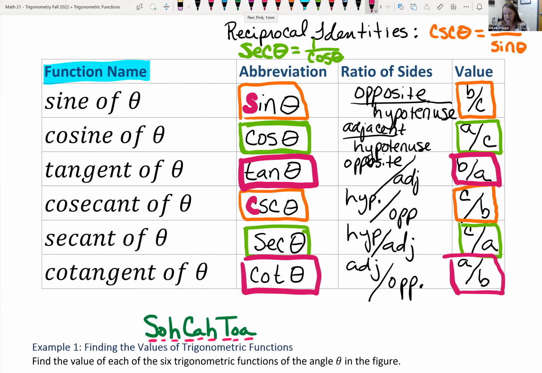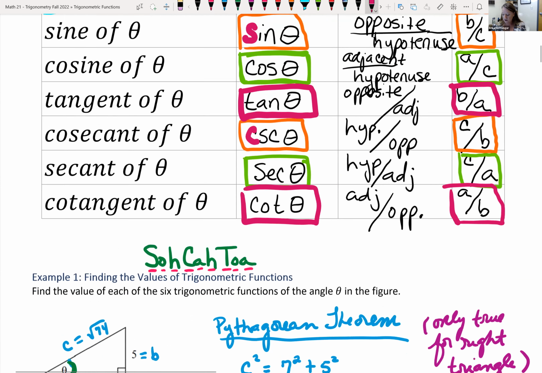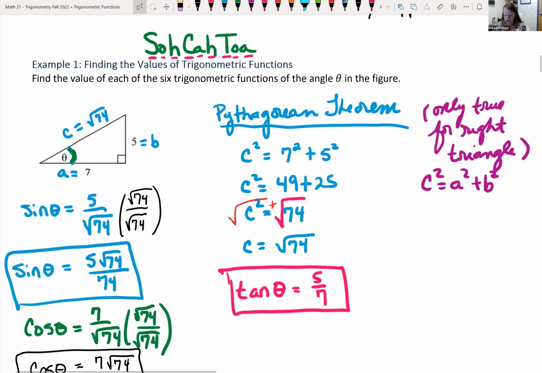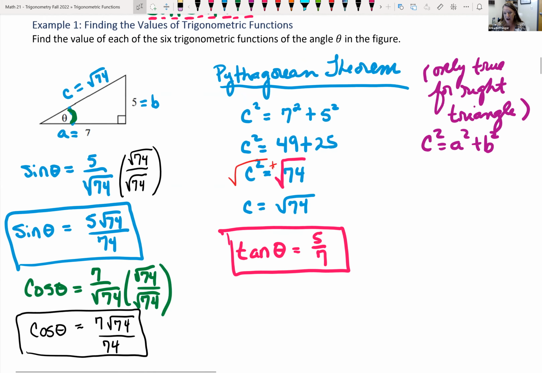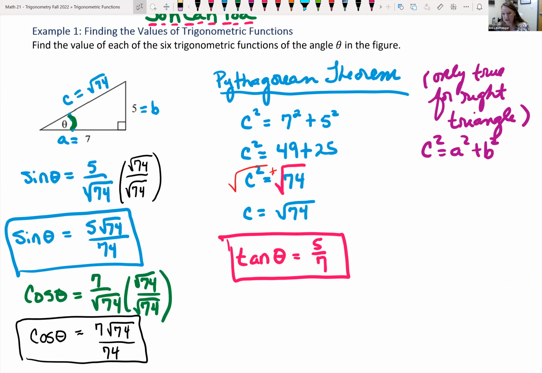But knowing that those are reciprocal functions, we can look at those ratios of sides of those 3 trigonometric functions that we just found, and all we have to do is look at the reciprocal. The thing is, I don't want to have to undo and rationalize my denominator again. So I would probably look at, in this case, sine theta before I rationalize the denominator.